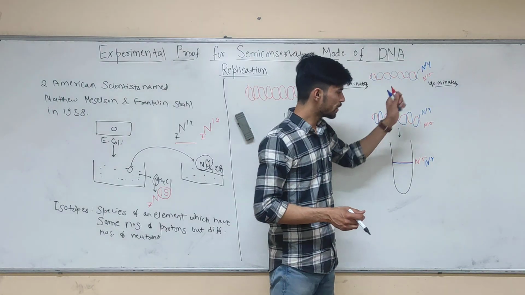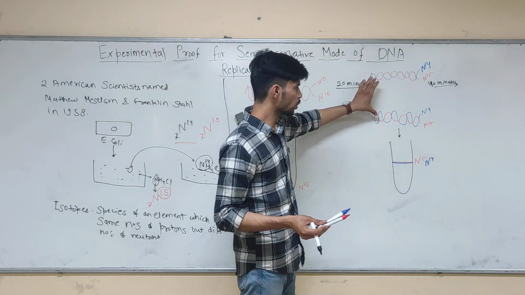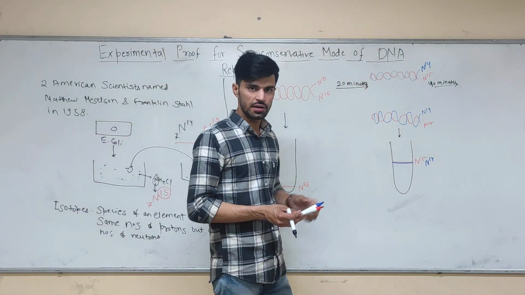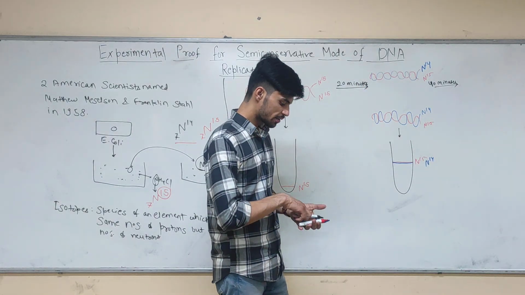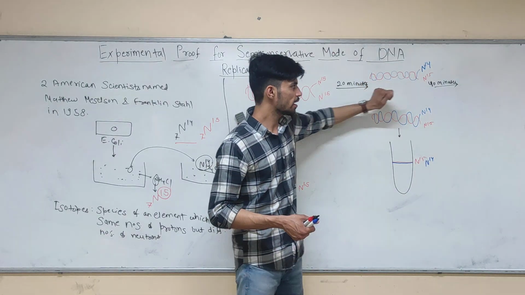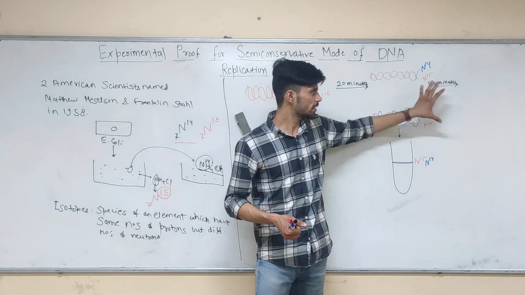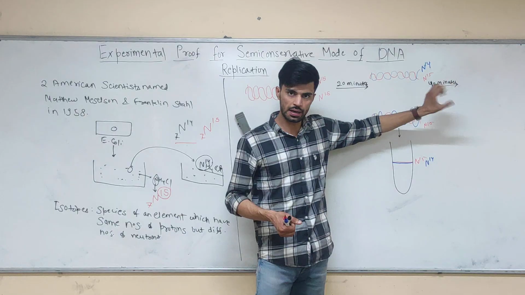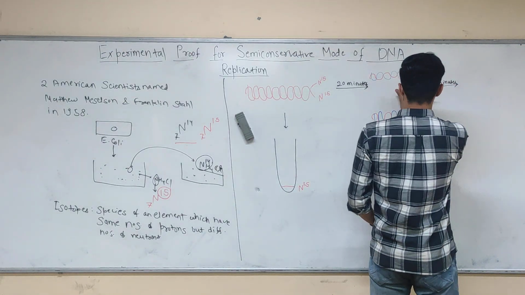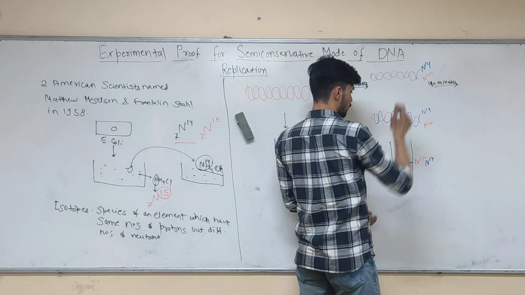Okay. So what happens here? These two E. coli will again divide. Okay. And when these divide, we know that the parental strands will be again here. I will write the parental strands will remain assembled here. I will draw here the first parental strand, that is N14.